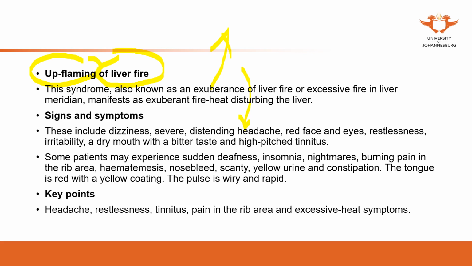The reason we use upflaming, just because this is the direct translation, is that we want to emphasize that the manifestations happen mostly at the upper part of the body. The liver is in the abdomen below the diaphragm, but the manifestations are on top of the body. That's because the fire from here, the flame, is facing up.